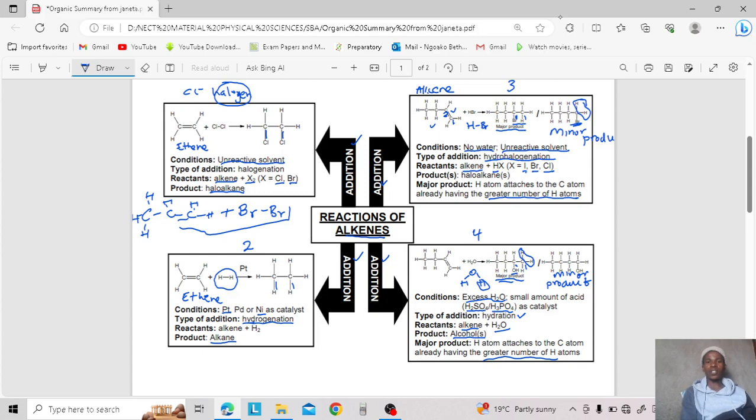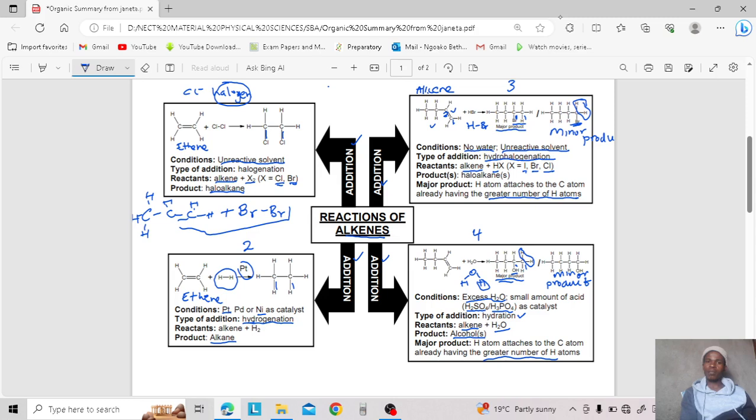For reactions of alkenes, they always undergo addition reactions. So these are the 4 types of addition reaction that we can have. First, halogenation, where we add only group number 7 elements, normally chlorine and bromine. Number 2, hydrogenation, where we only add hydrogens, so we must take care of the reaction conditions, which they will ask you more often.